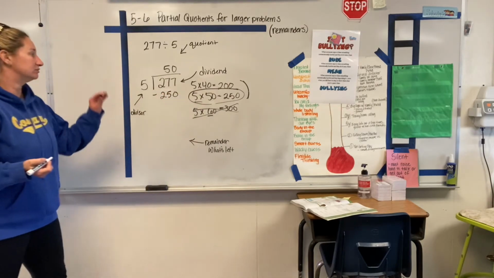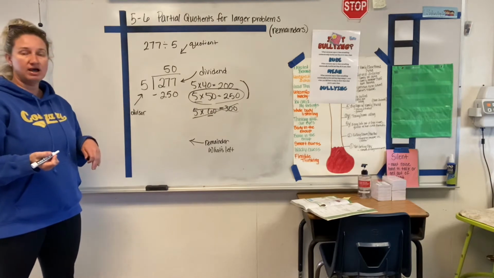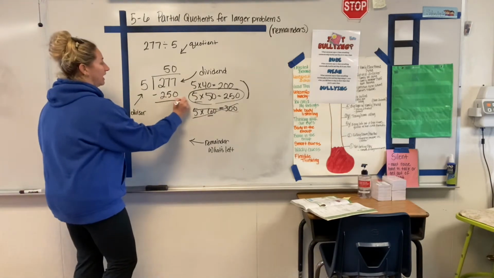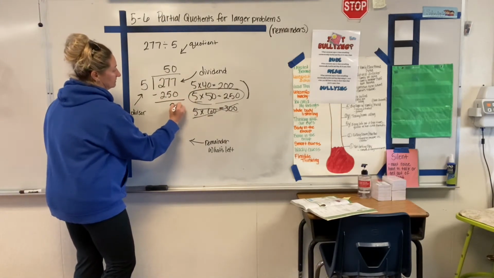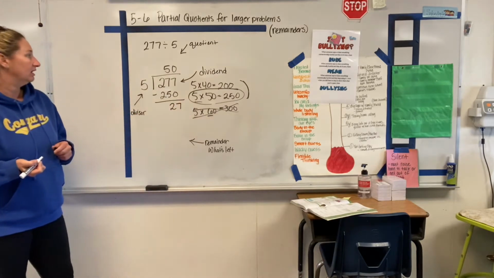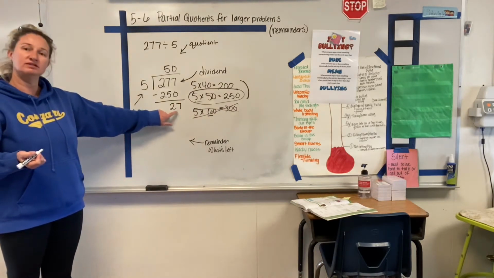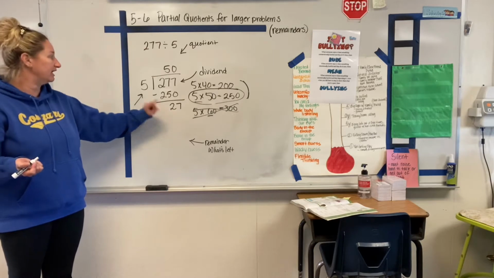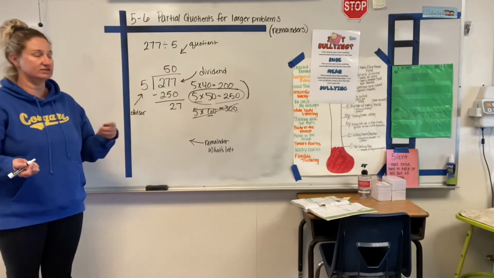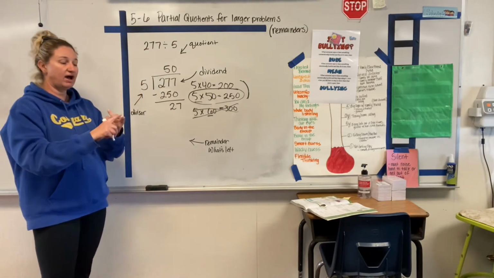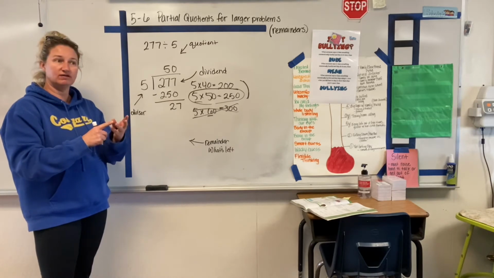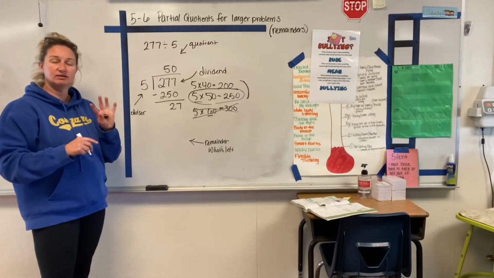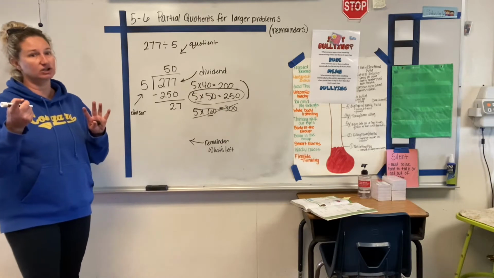I'm going to subtract that from my dividend, and I get 27. This is what I still have left. Right now, that's my remainder, but I can still divide. 5 goes into 27. Let's just count my 5s: 5, 10, 15, 20, 25. That's 5 times. If I go one more, it's 30, and that's too much.